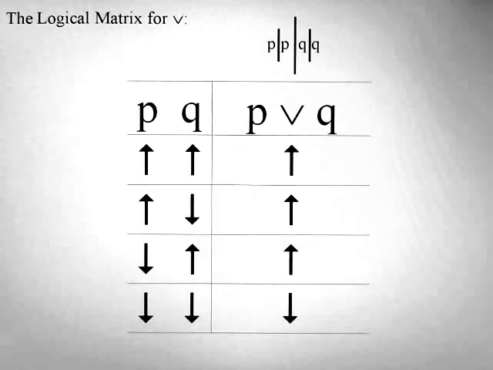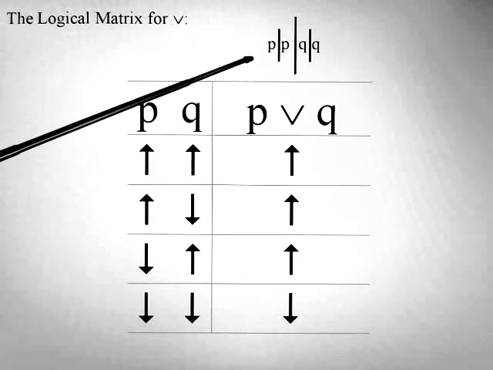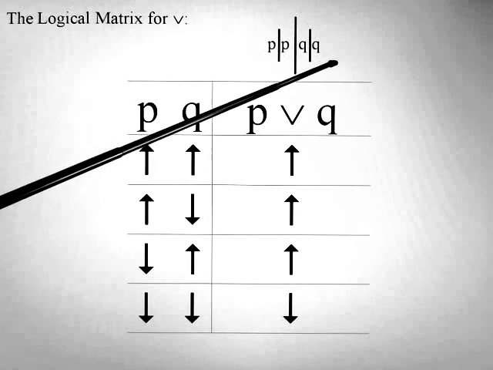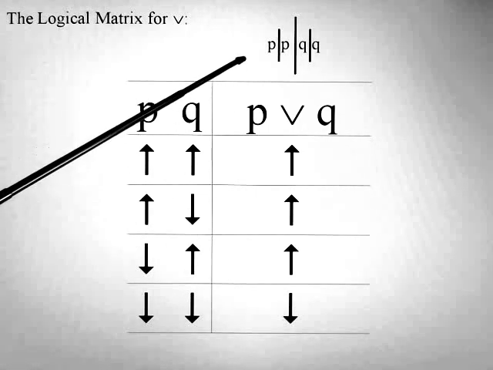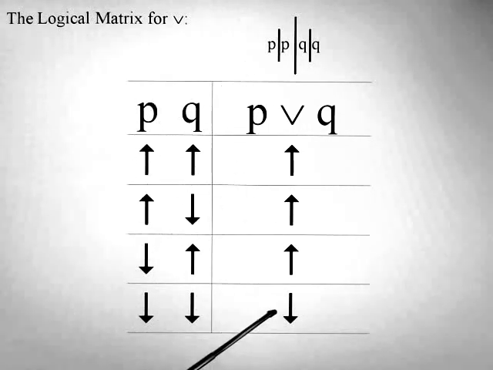Moving on then to or, and as you recall, or stands for not P being incompatible with not Q. In other words, they can't both be false, or they are not both false at the same time. And of course, when we inspect the table here, we find that on the bottom row, both P and Q are false. And so to say that they are not both false at the same time is a false statement.